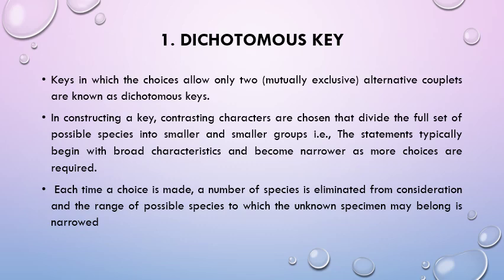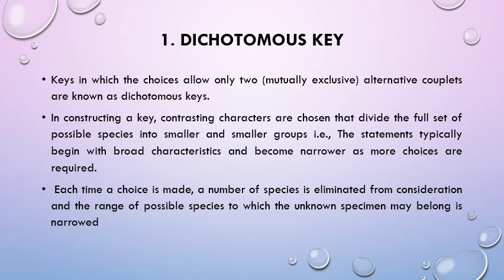So it means that when you are constructing a key by observing the notable features of the organism, you make a series of choices at each step. At each step you are accepting one character and rejecting the other character. It means that at each step you are eliminating one species which does not belong to the characteristics of the organism which you want to study.